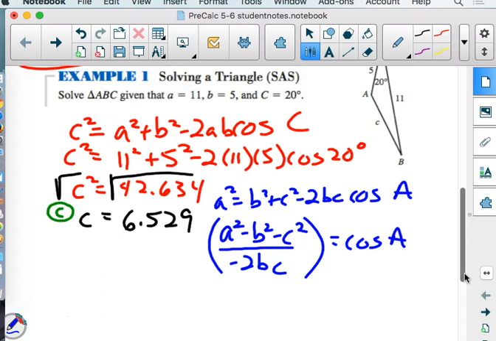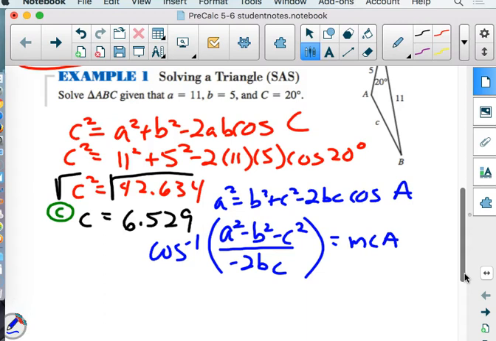So what do I do with that to get the measure of angle A? Inverse cosine. So I'm going to go ahead and change this right now. Measure of angle A, inverse cosine of all of that. And then I'll put the numbers in. You know, it's very rare that somebody's going to make a mistake right here, rebooting this formula.